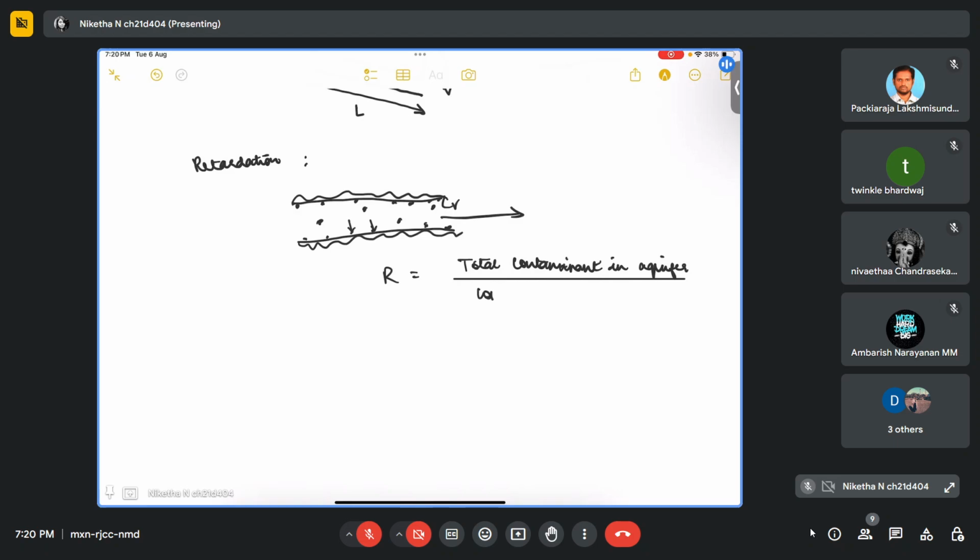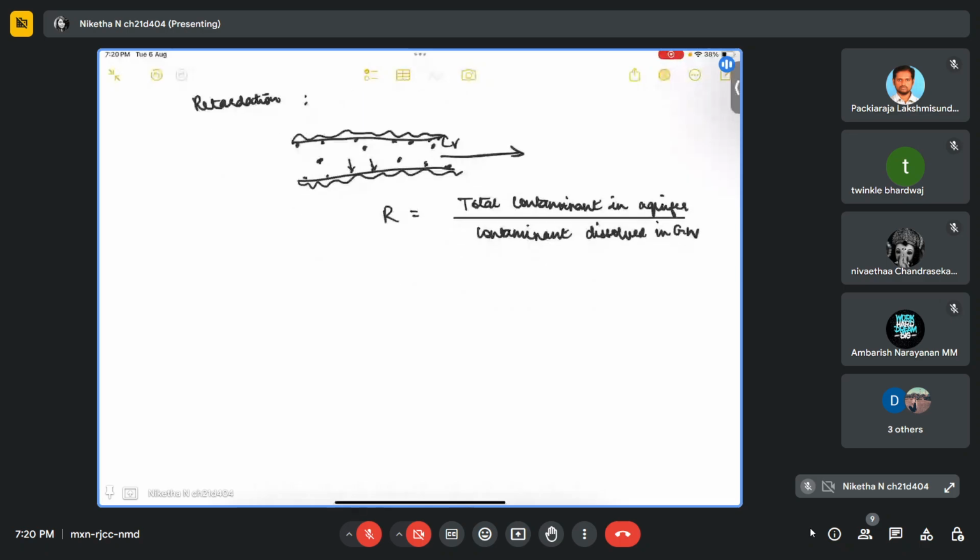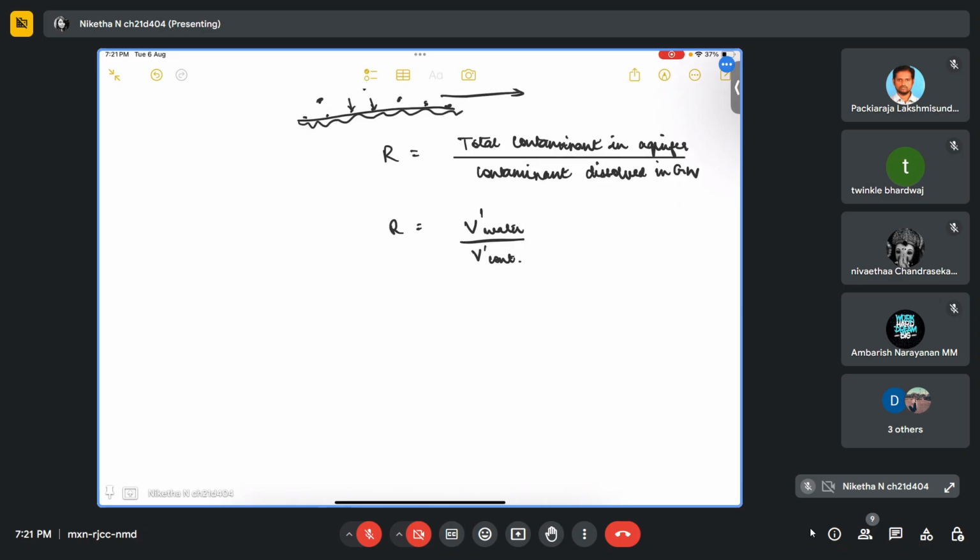This is divided by the concentration of the contaminant dissolved in the groundwater. Now this ratio can also be expressed as the velocity of the water divided by the velocity of the contaminant. So if the velocity of the contaminant is going to be less, the R will tend to increase.